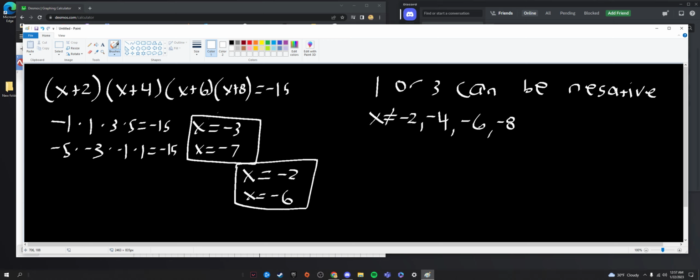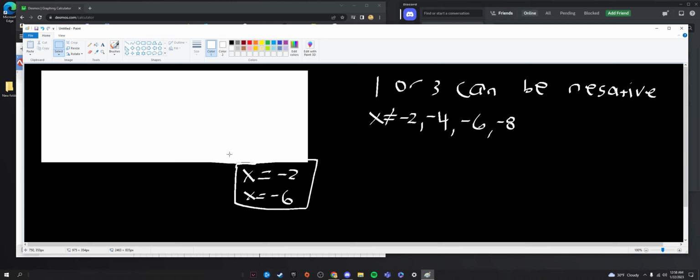We have 2, 4, 6, 8 instead of 1, 3, 5, 7, and so at least there's some sort of connection there to where shifting over some constants a, b, c, and d by 1 shifts our x values by 1. And so this is where I want to make the conjecture, because I tried this with a couple other numbers, and so let me generalize this. Let me formalize this.